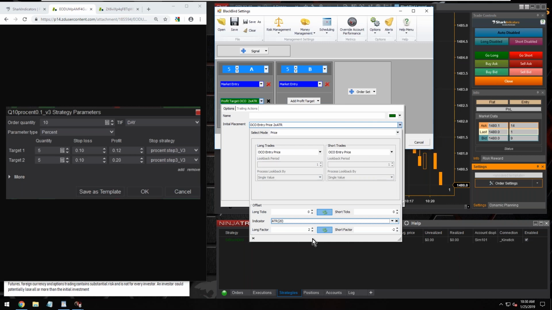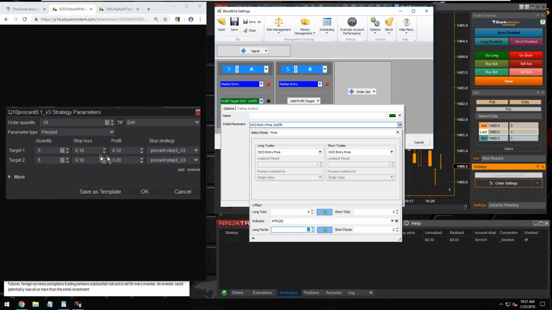Okay, so with that, and then the long factor and short factor, right? Factor is just another name for multiplier, right? So here's where you would adjust the ATR multiplier.